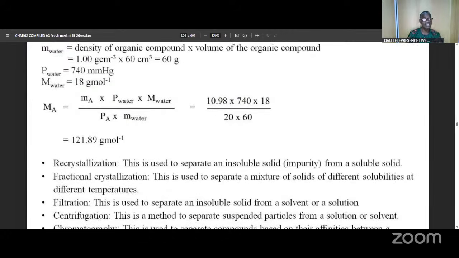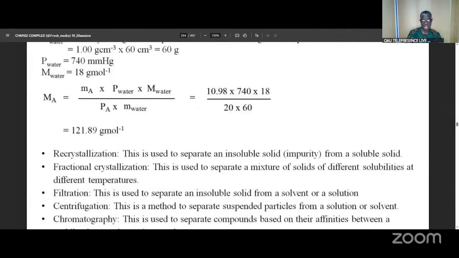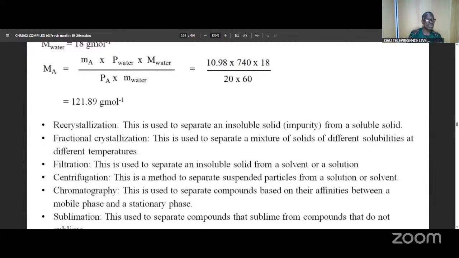So what are other separation techniques that you also need to know to separate or identify an organic compound? Recrystallization, which is used to separate an insoluble solid from a soluble solid. That is recrystallization.